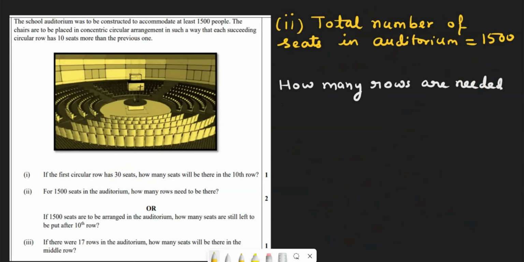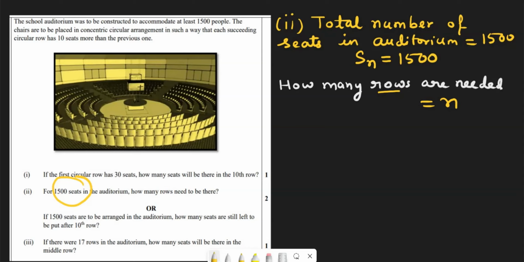The second question, if 1500 seats are there in the auditorium, that means the total number of seats is 1500. We are told that the sum total of the seats in the auditorium is 1500. We are supposed to find how many rows are needed to place those 1500 chairs. So we have to find n. Now we will use the sum of n terms formula, any one, first formula or second formula.